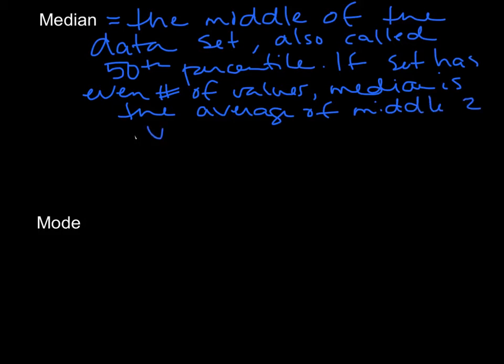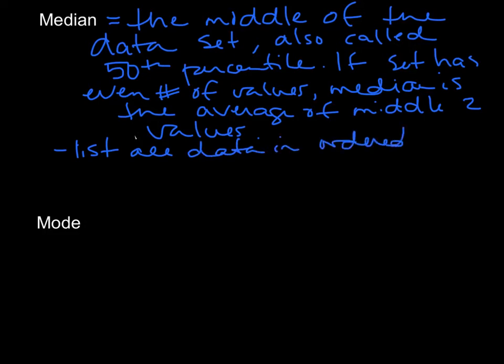The easiest way to do this, though it's not fun for large data sets, is to list all your data in order and then find your middle data value.